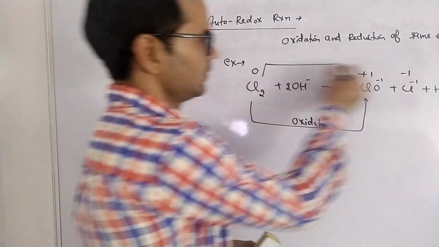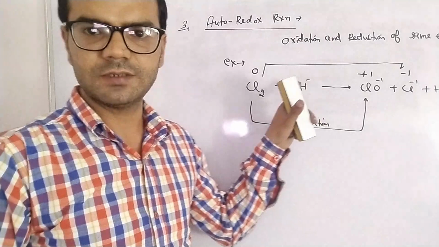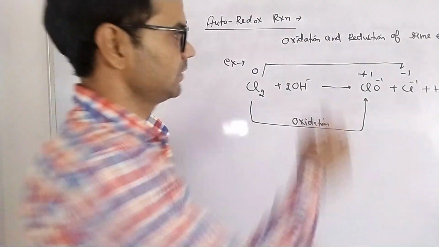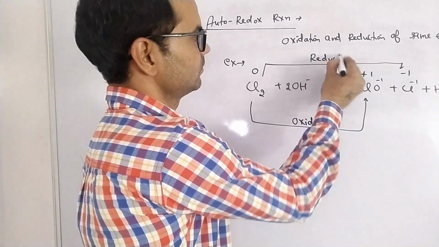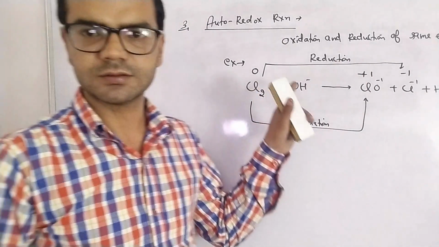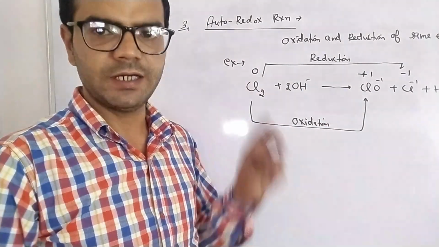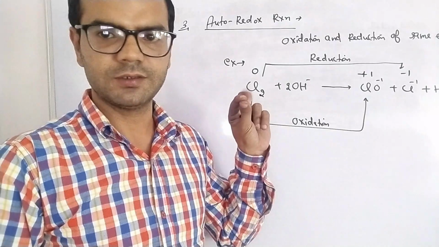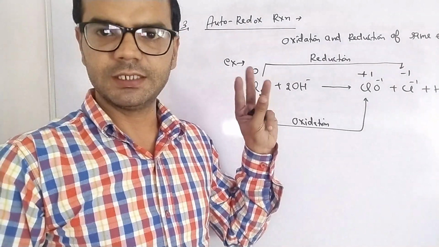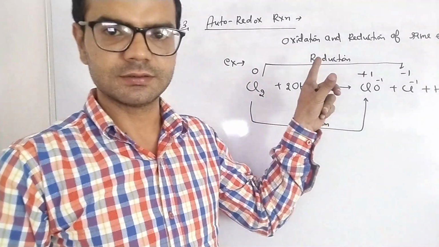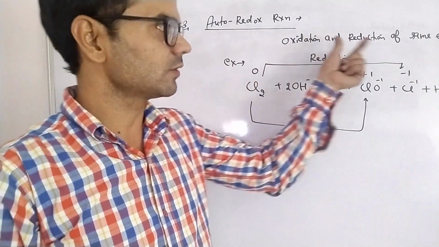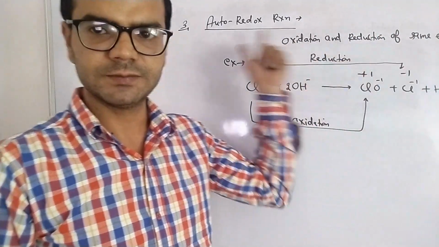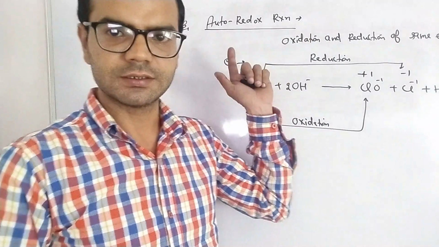But from 0 to -1, decrease in charge, that is called reduction. So basically we have three types of redox reaction: intermolecular, intramolecular and auto redox reaction. Self reduction and oxidation of the same element, that is auto redox reaction.